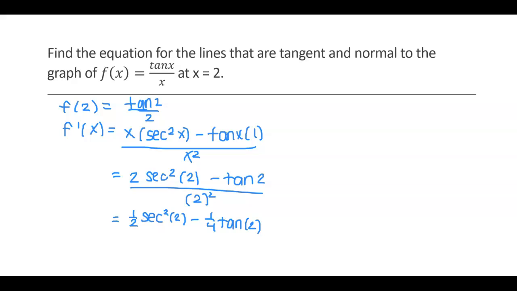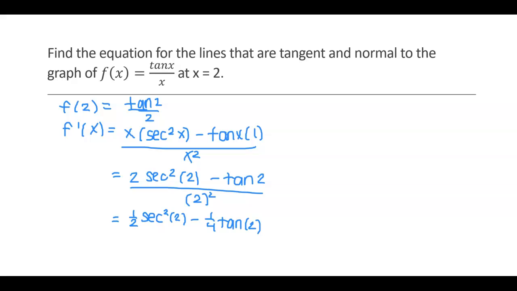You would make sure you are in radians, not degrees, because an x value equaling 2 is a radian value. An x value of 2 is somewhere between pi halves and pi, because pi halves is 1.571 and pi is 3.14.